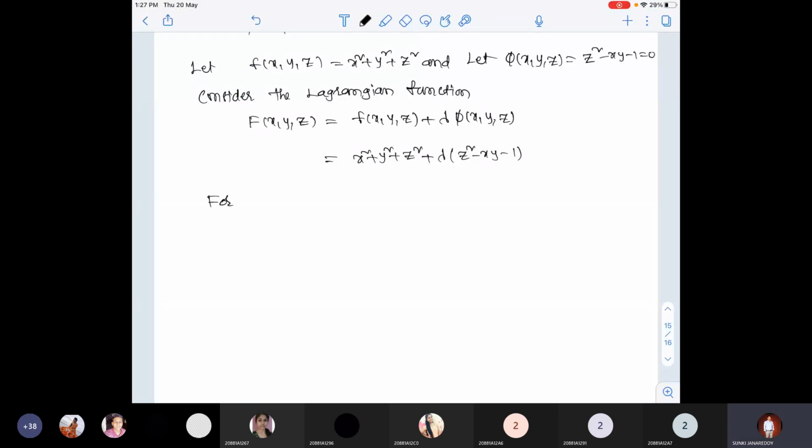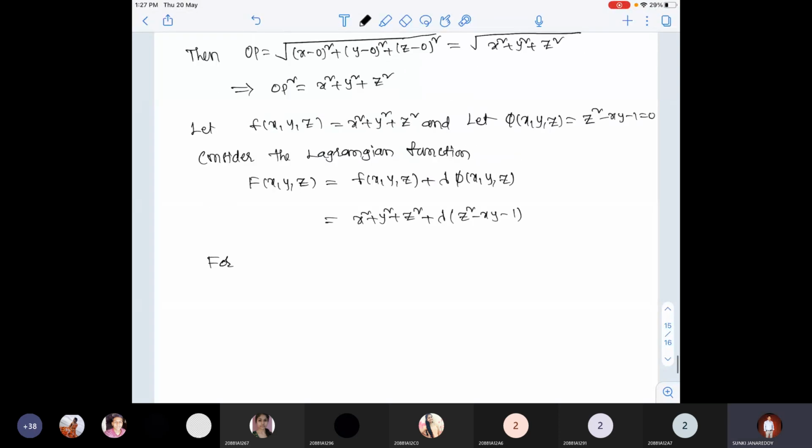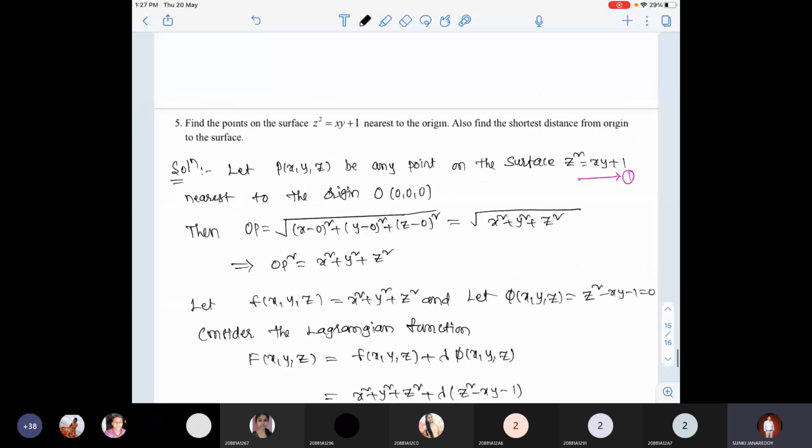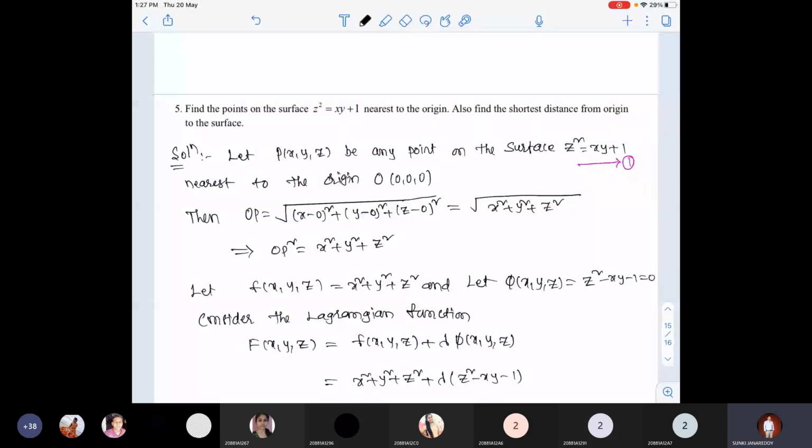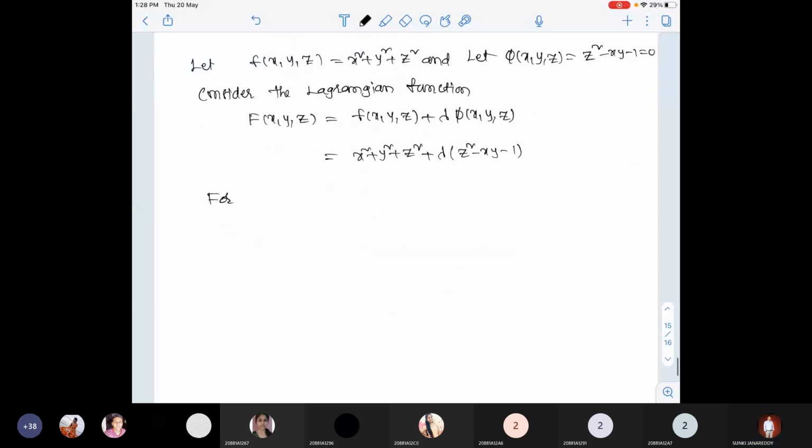Here shortest distance means the minimum value. Now for the minima of capital F of x, y, z, we have ∂F/∂x = 0.